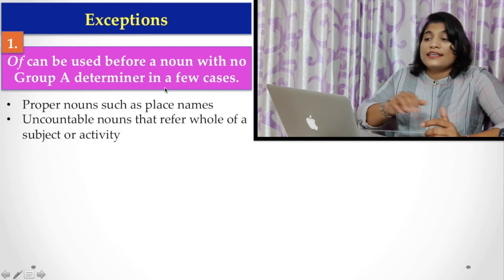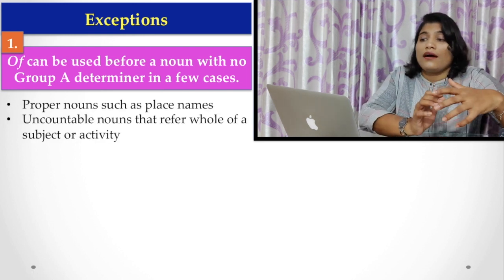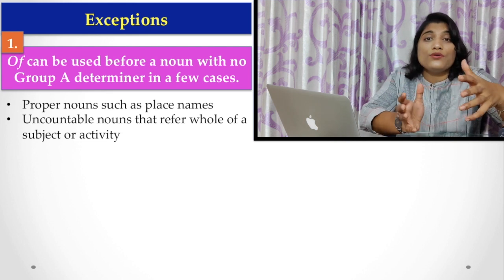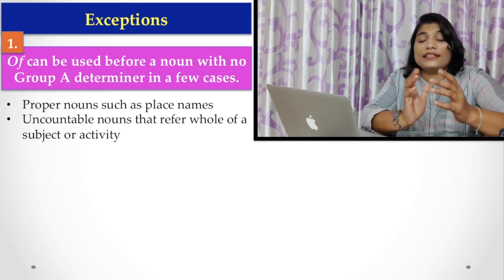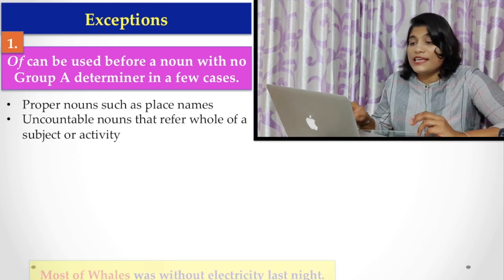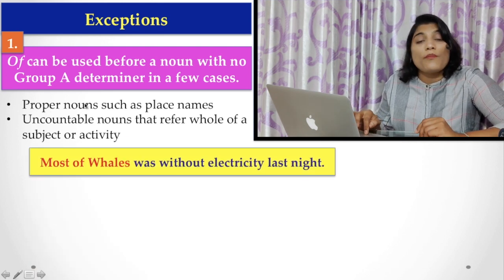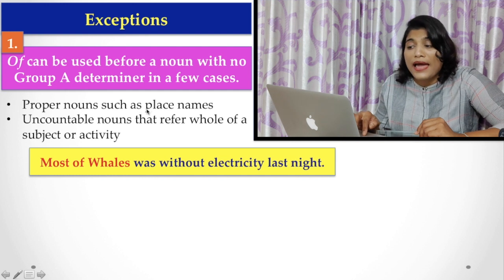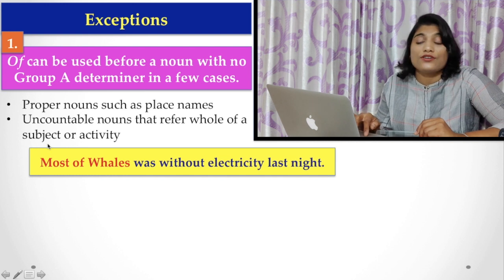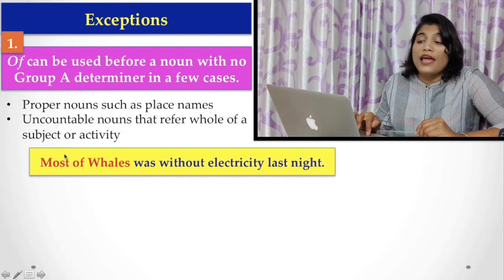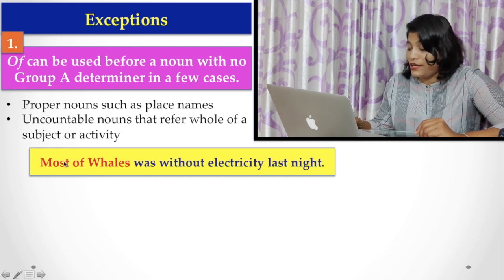I have told you that "of" cannot be used with group B determiners and a noun, but these are the exceptional rules. If you are talking about proper nouns such as place names, and uncountable nouns that refer to a whole subject or activity, you have to put an "of" in between the noun and the group B determiner.